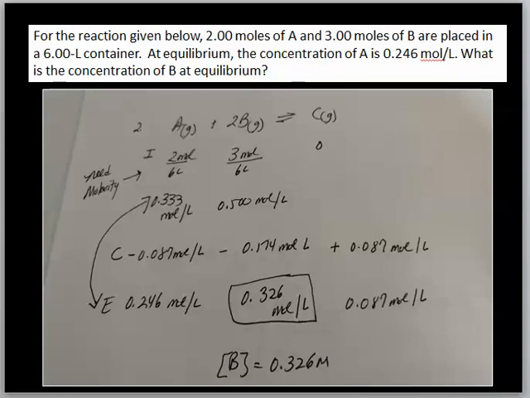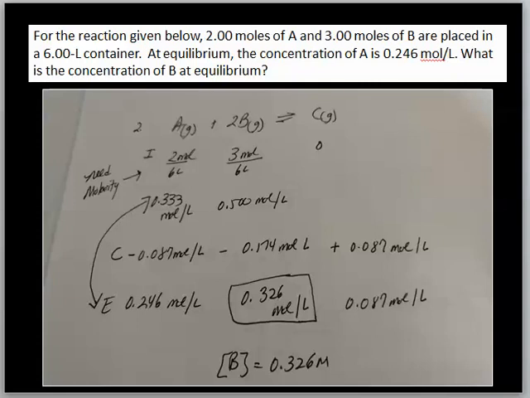So when you look down at the equilibrium amount that they gave you for A, which was 0.246 moles per liter, you can see that A decreased by 0.087 moles per liter. That means you lost that amount of A. Looking at the mole ratio between A and B, you lost double that amount of B, or 0.174 moles per liter.